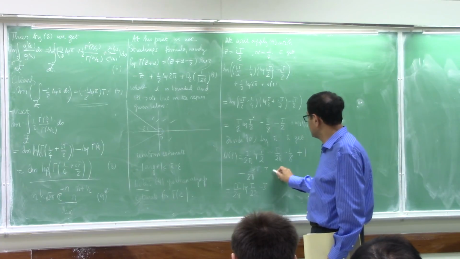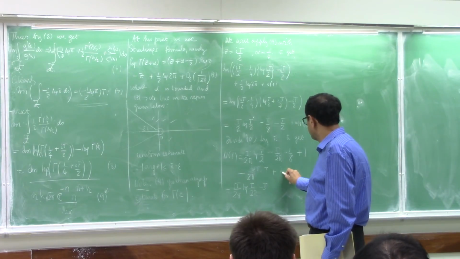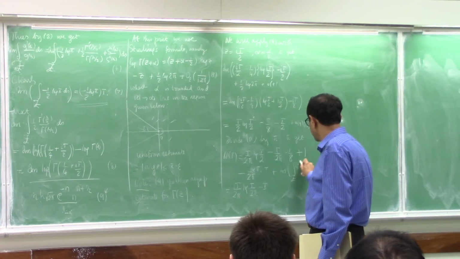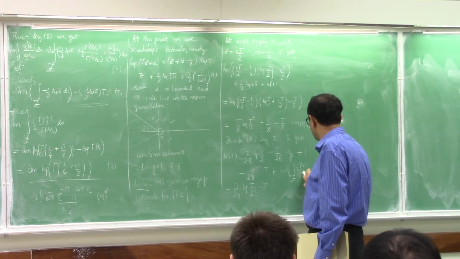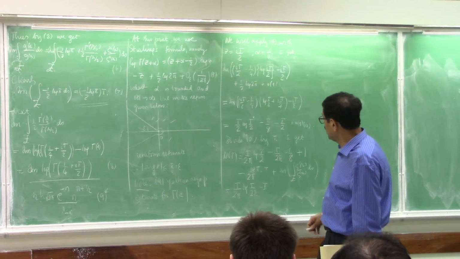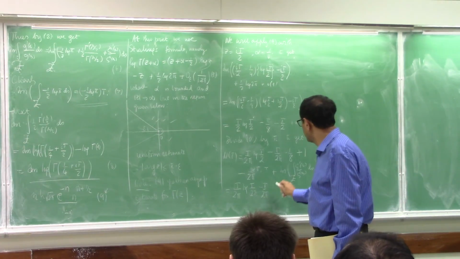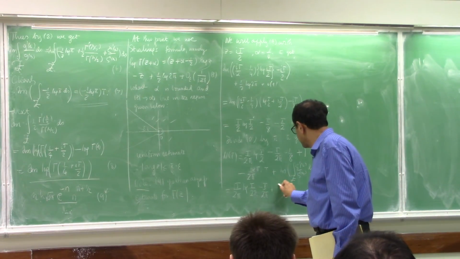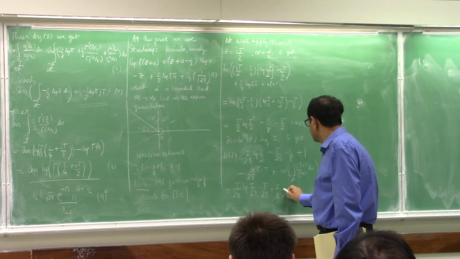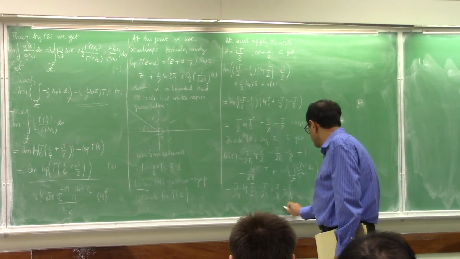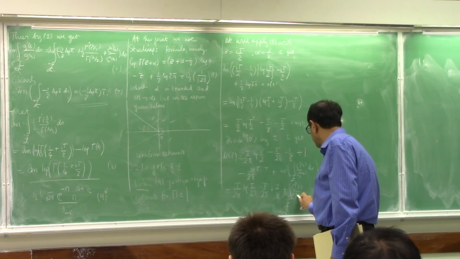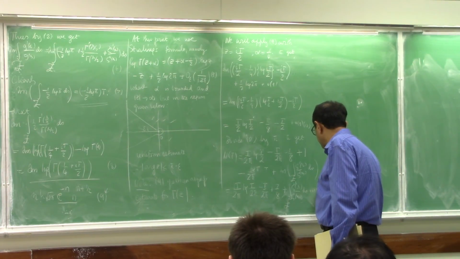Wait a minute, and then one other term. Plus the imaginary part of the integral over z of zeta prime of s over zeta of s ds. That to be added. So you get t over 2 pi log t over 2 pi minus t over 2 pi, and then plus 7/8 plus the integral over z of zeta prime of s over zeta of s ds plus little o of 1. Don't worry about that.